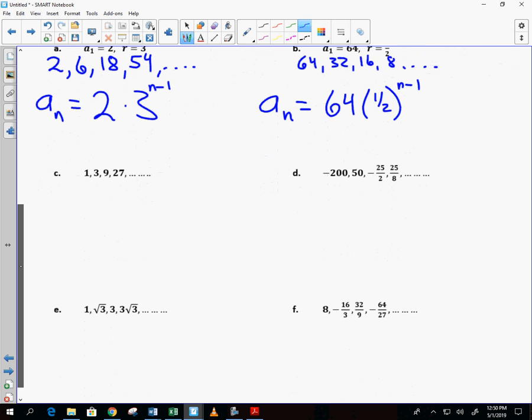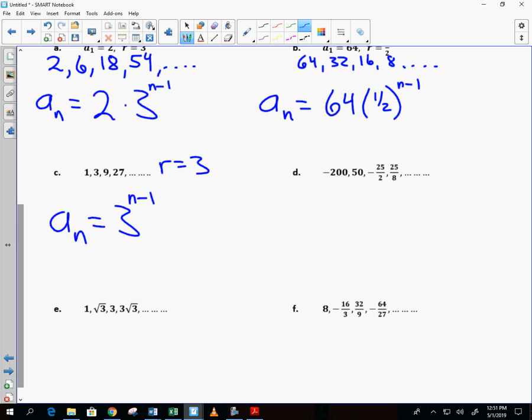What's different about letter C? Yeah. So what is R? R is 3. So a sub n is equal to the first term, which is 1, times 3 to the n minus 1.